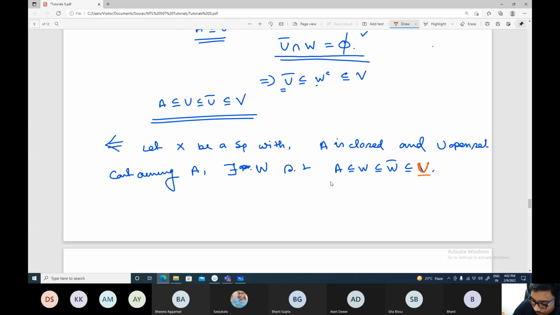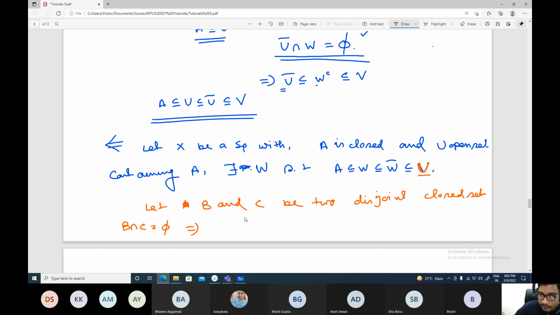Now you see, you have to prove that your space is normal. So let, as usual, B and C be two disjoint closed sets. That is, B intersection C is empty. Then what can we say?